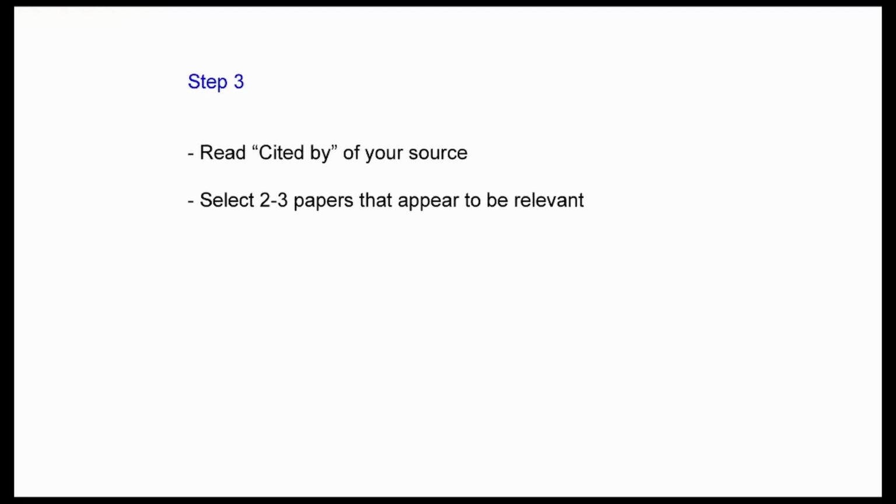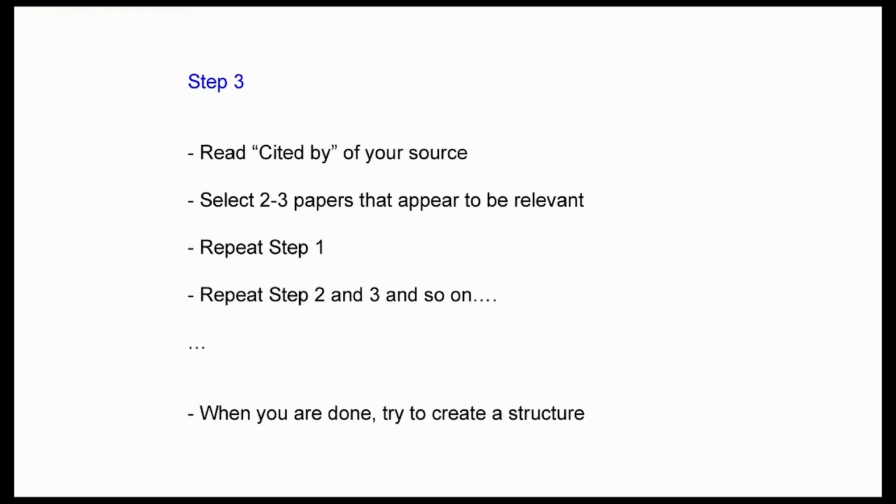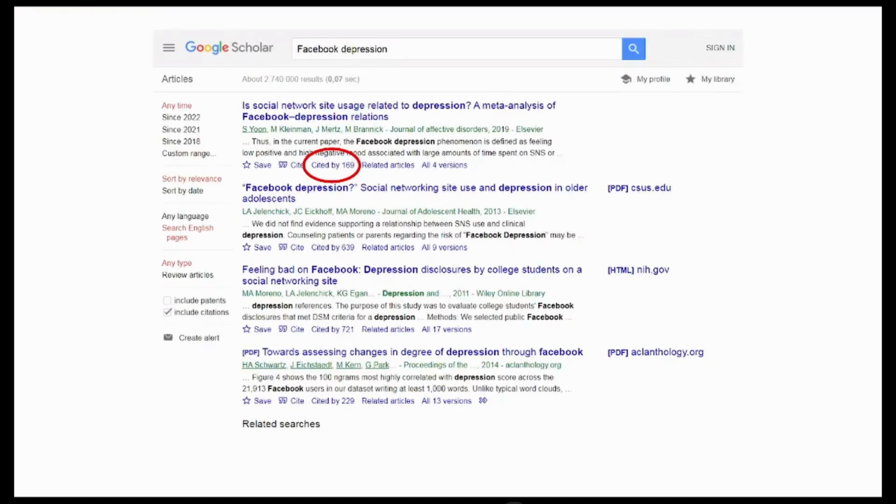Okay, and after that you also have a look into the future of that paper. So what you're doing is basically, and this is how you go on, all right? If you go back to your source and you click on "cited by" 169 people, chances are great that you're going to find something of value under those citations.